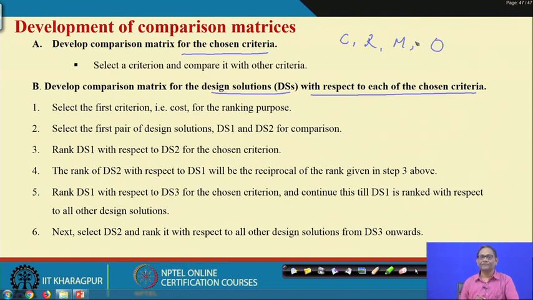operability, the fourth criterion. Now, when we choose a design solution, irrespective of which design solution or alternative it is, there must be a comparison, some weightage with reference to cost versus reliability, cost versus maintainability, cost versus operability, reliability versus maintainability, reliability versus operability, then maintainability versus operability, or vice versa.